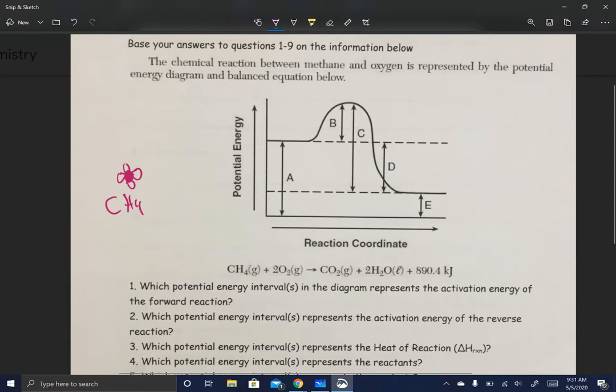Okay, so now here's O2. These have to collide with each other, right? So this one's got to go this way. This one's got to go this way. They need to collide, and they need to have proper energy, sufficient energy, and proper orientation. If they do that correctly, then they will make CO2 and water, release energy, and the reaction will progress.